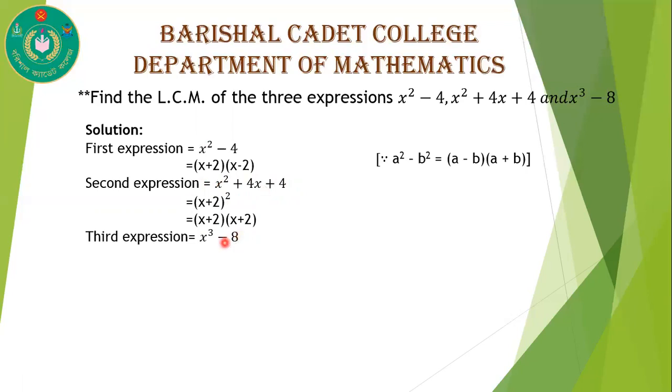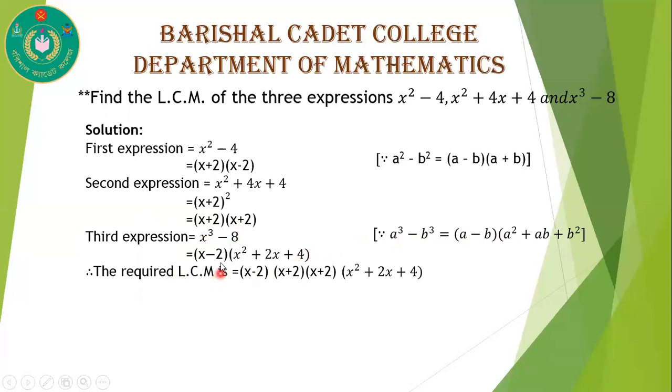We can write x cubed minus 2 cube, 2 cube means 8. Compare x cubed minus 2 cube with a cube minus b cube. Then we can write a minus b into a square plus ab plus b square. That's why we can write x minus 2 into x square plus 2x plus 2 square, that means 2 square is equal to 4.